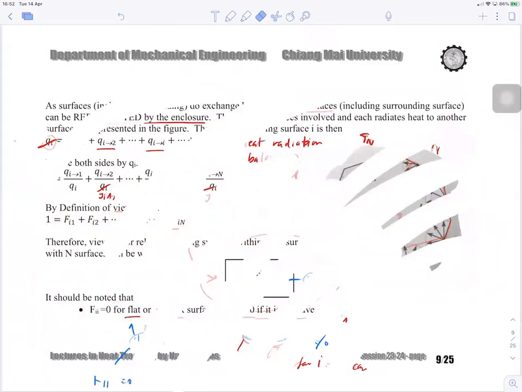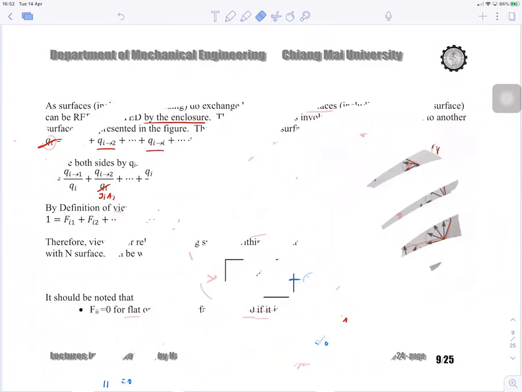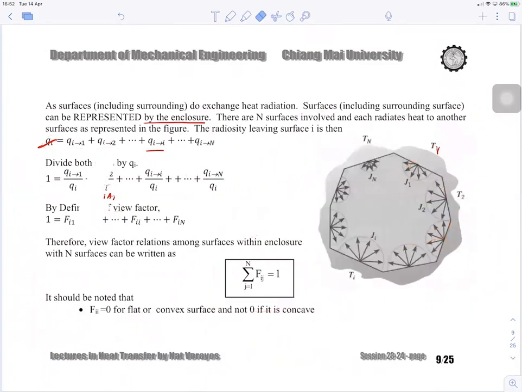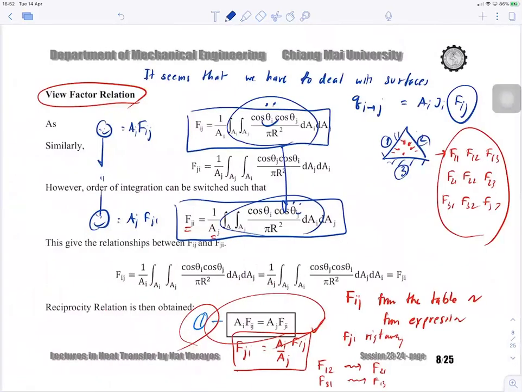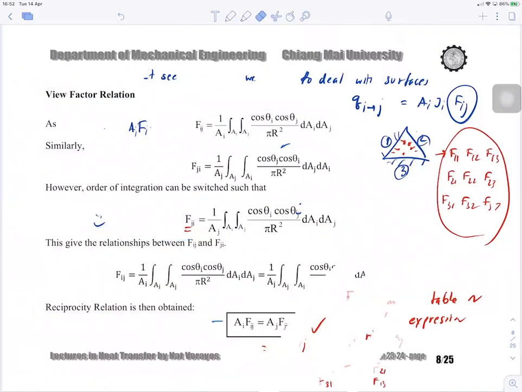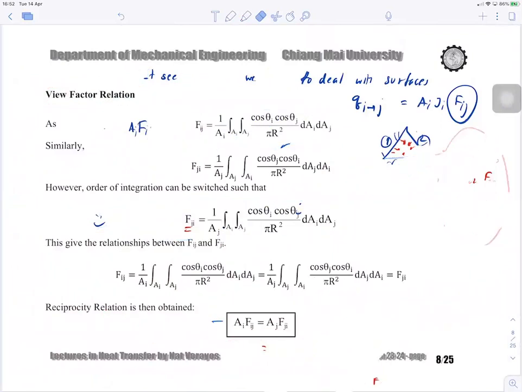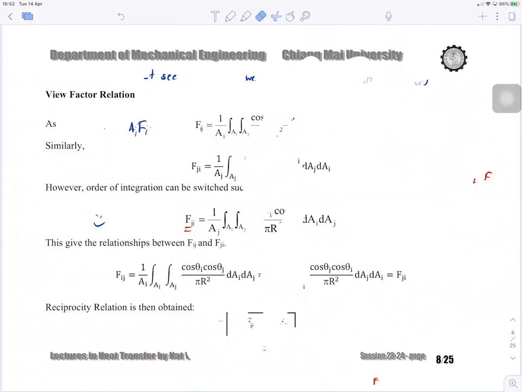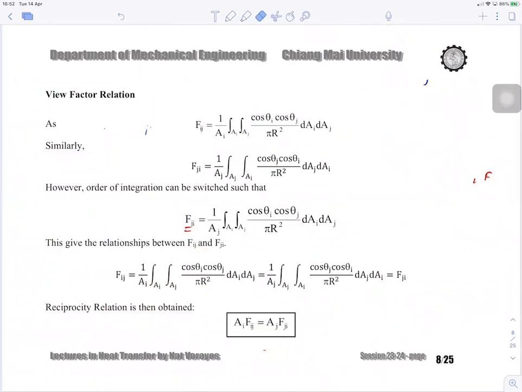This is number 2. Let me clean it up first so you can take a look clearly. This is number 2, right? And let me clean it up here. And this is number 1.